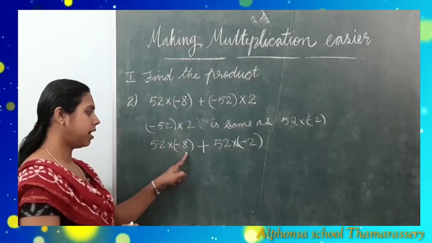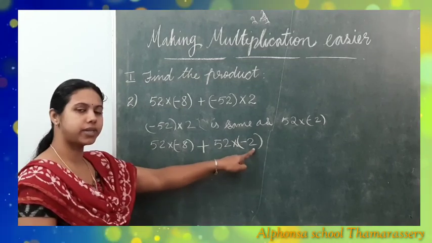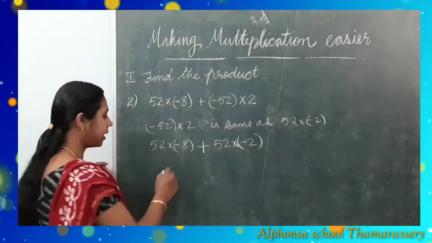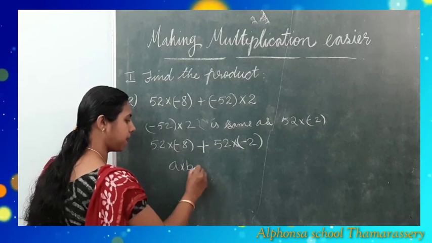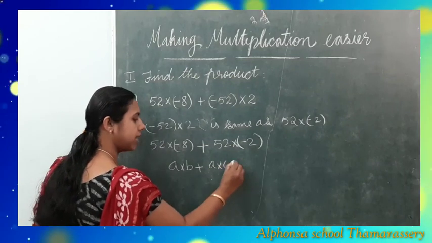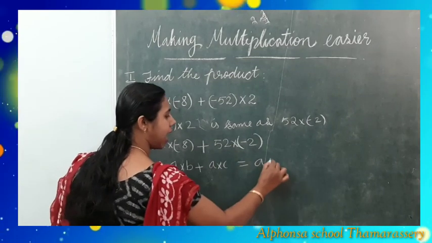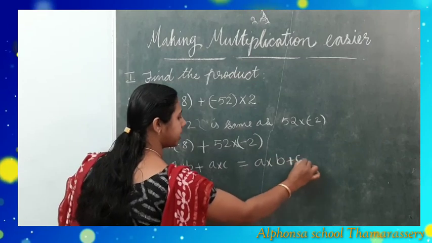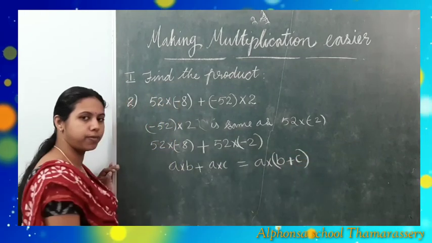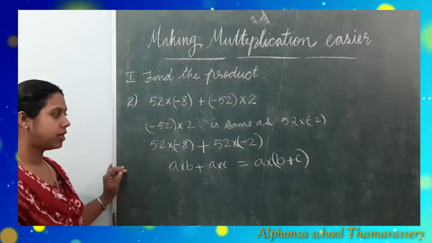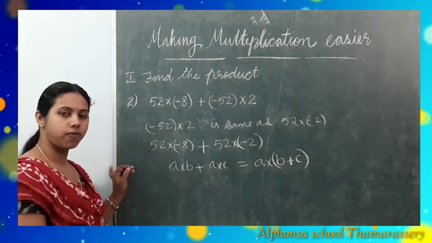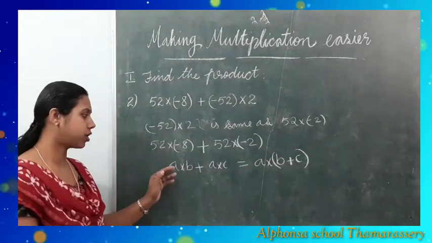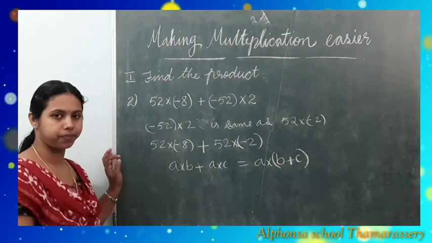A into B plus A into C. We know that A into B plus A into C is equal to A into B plus C. That is our distributive property.